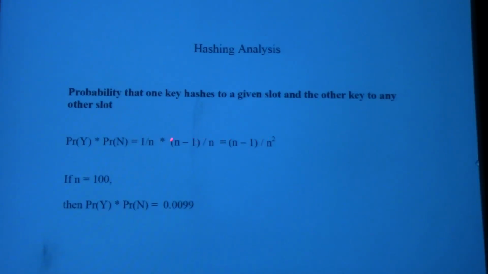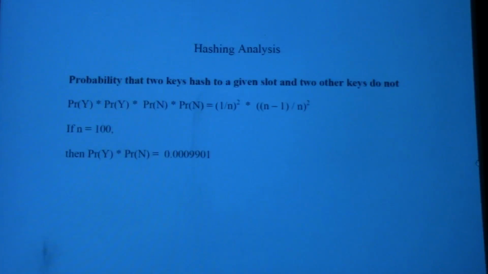So therefore, this is going to approach 1 over n. And 1 over n was 0.01. So instead of 0.01, it's 0.0099. Almost the same. Now remember what I said. We pick the slot first, and then we see what's the probability of two of them going there.